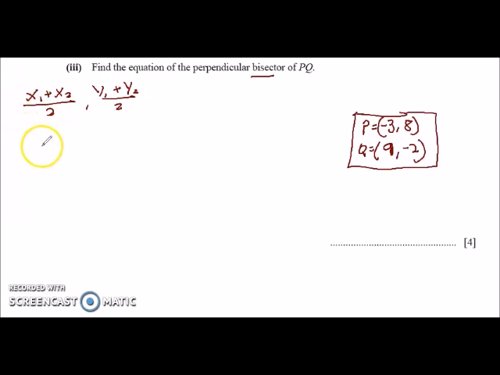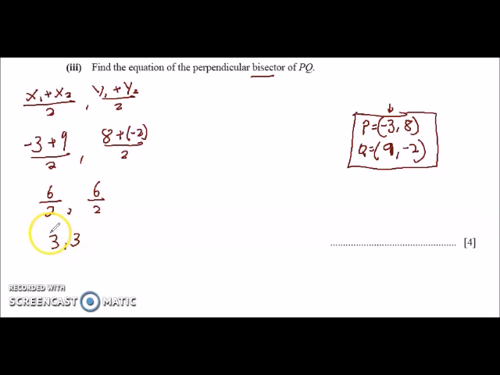Okay, so here we can just choose this x, negative 3 plus 9, divided by 2, and then here 8 plus negative 2 and divided by 2, and here we'll be getting 6 over 2, and here will be 6 over 2, and we'll be getting the midpoint is 3, 3. Okay, midpoint is 3, 3.